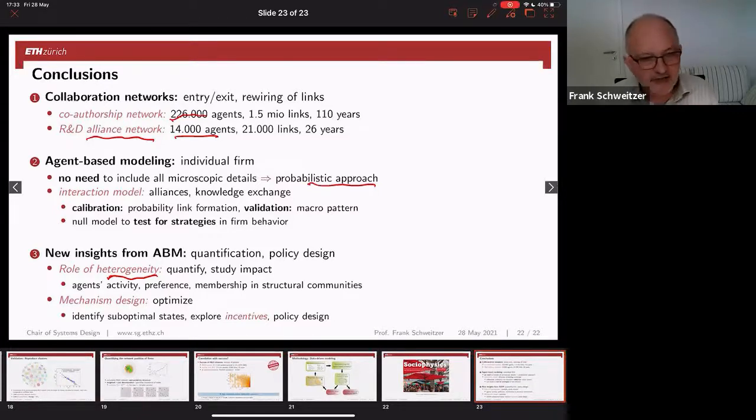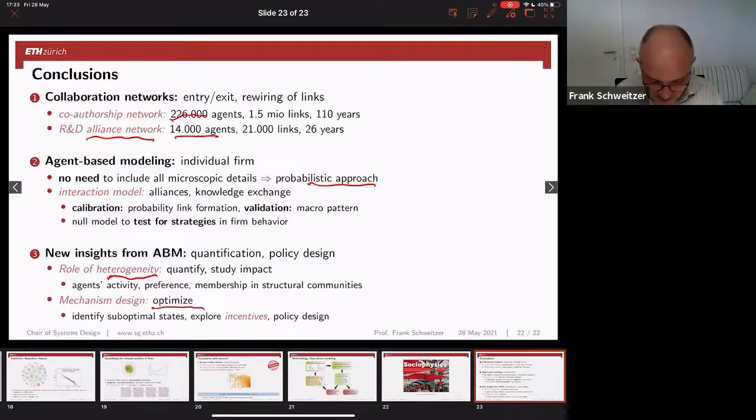And once we have this calibrated model, we can, of course, also try to influence the system. So I wrote here optimization. We could, for example, provide firms with incentives to collaborate with firms of other colors in our simulation, and then see what the impact of these incentives is in order to get a more efficient structure or a more resilient structure.